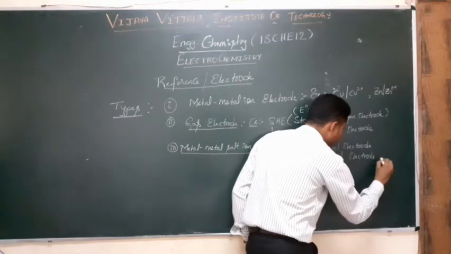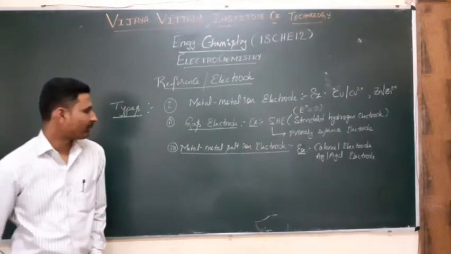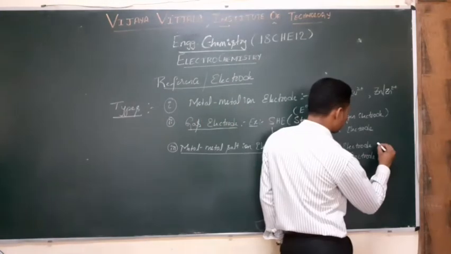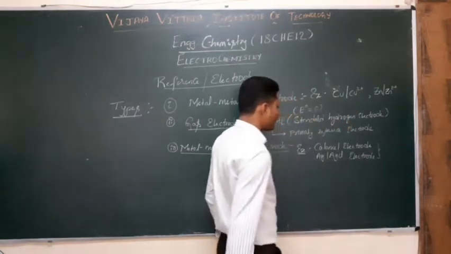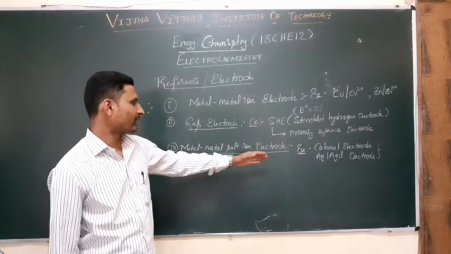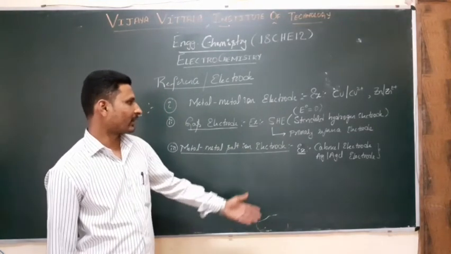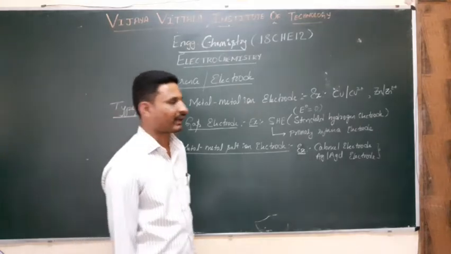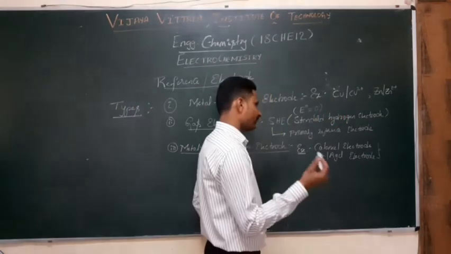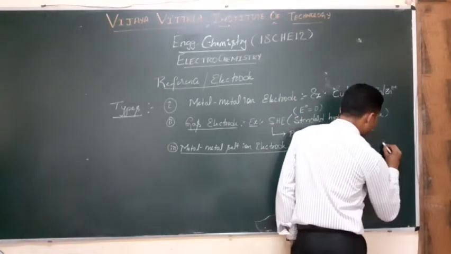These are commonly taken as metal salt ion electrodes. These metal salt ion electrodes are also called secondary reference electrodes. The calomel and silver chloride electrodes are secondary reference electrodes.